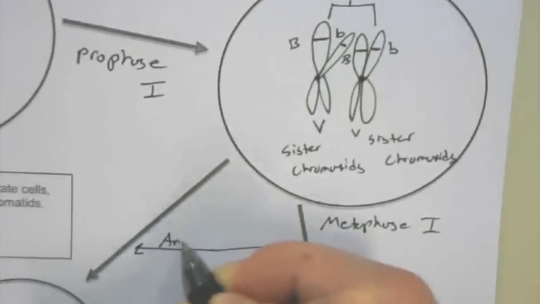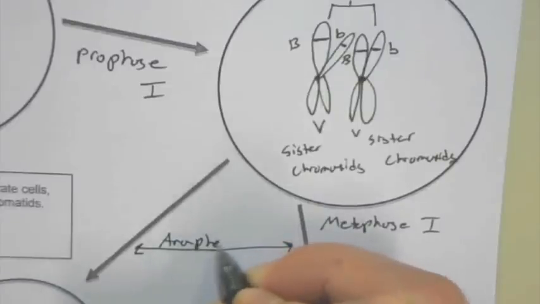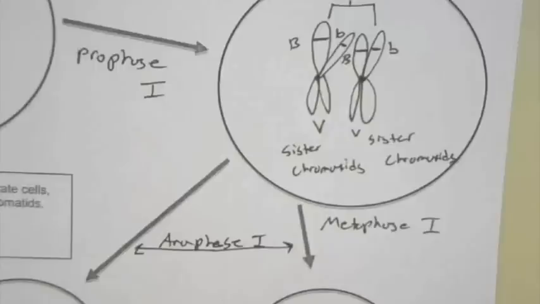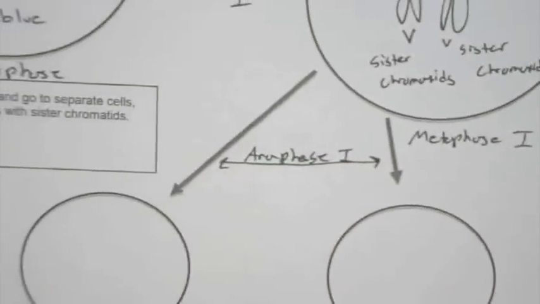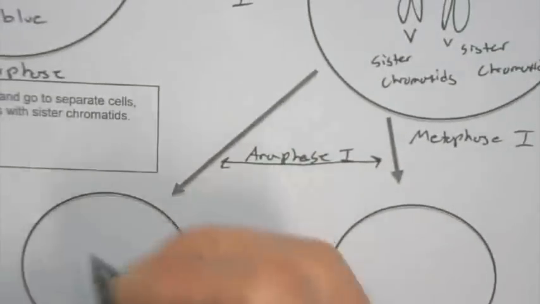During anaphase and telophase, the cells separate, so the homologous chromosomes are going to move to opposite sides of the cell. They're going to separate, and we're going to end with two cells.